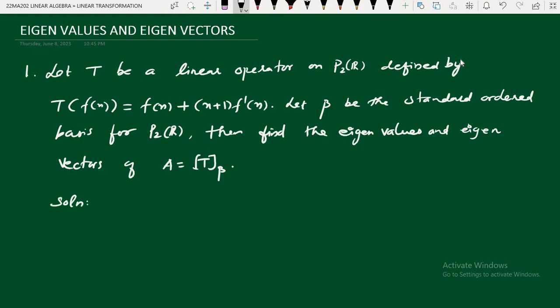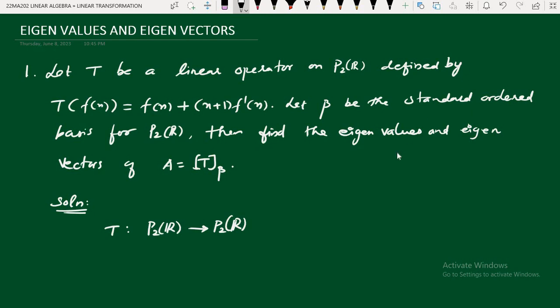So let me see how to solve this question. How to frame a matrix A first, then how to find the eigenvalues and eigenvectors later. First, the given transformation is T from P2 of R to P2 of R. So that's why this is called a linear operator. A linear operator is nothing but the domain and codomain are the same sets.